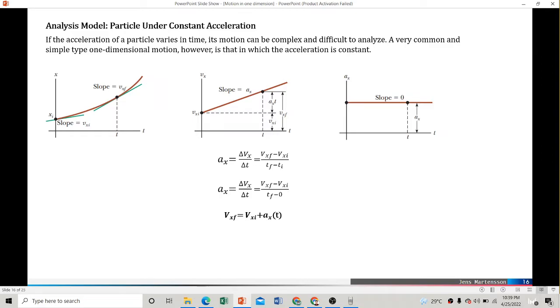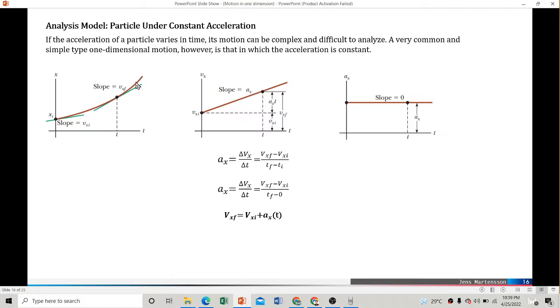So as we observe in this figure, if we want to graph the particle under constant acceleration, the distance-time graph, ang mahitabo sa iyang curve is may ani no, di ba?